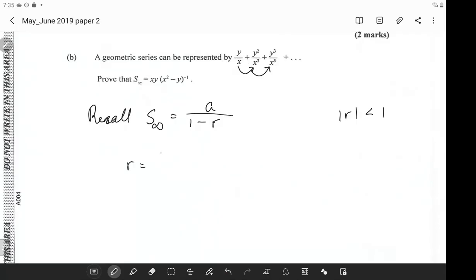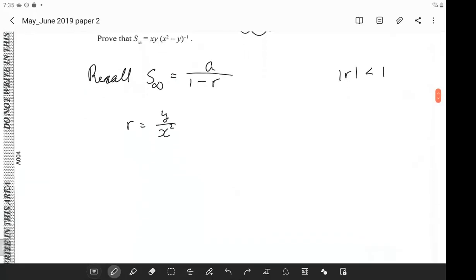Well, we multiply by y. And how do we get from x to x cubed? We multiply by x squared. So I conjecture that my common ratio is y over x squared. Now, if I multiply y squared over x cubed by y over x squared, I get y cubed over x to the fifth. So we get our term. So this happens to be our common ratio.